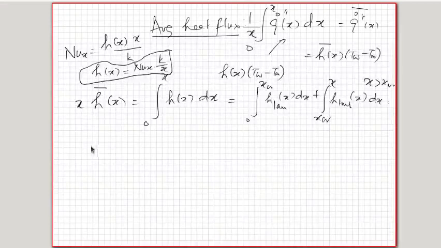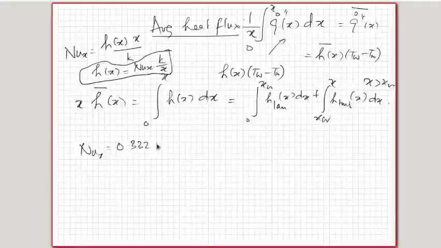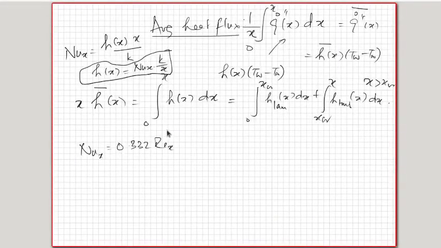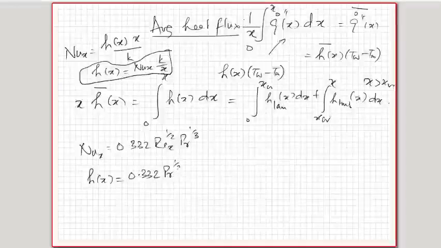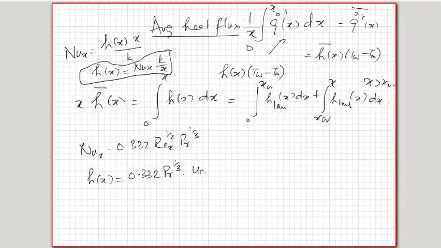So if, for example, the Nusselt number at x is 0.332 Re x to the power of half Pr to the power of 1 by 3, then your h of x would actually be equal to 0.332 into Pr to the power of 1 by 3 into u infinity x by nu, so u infinity by nu to the power of half into x to the power of half.